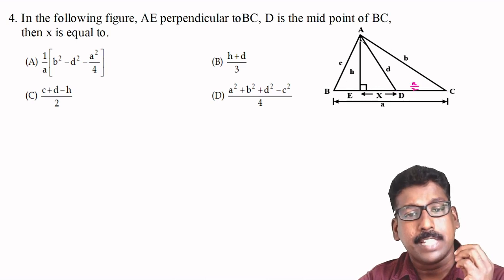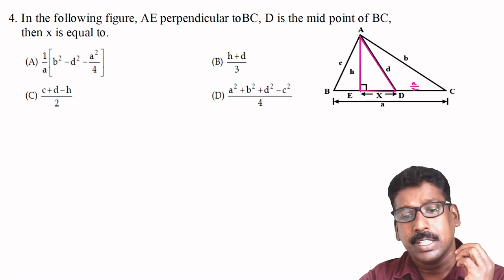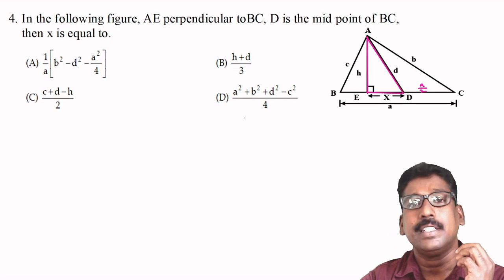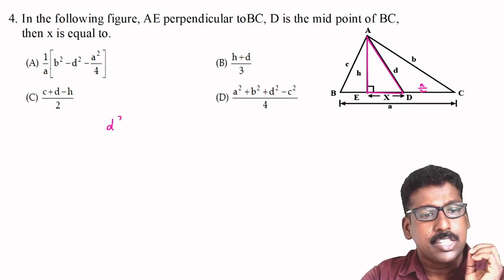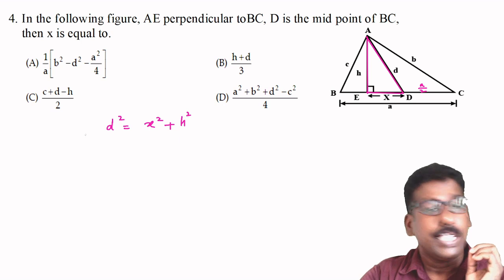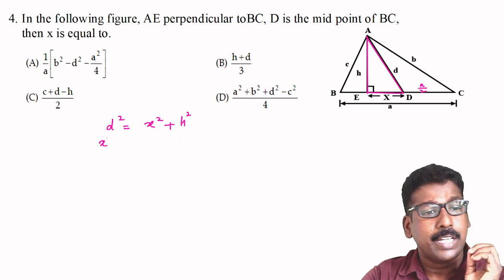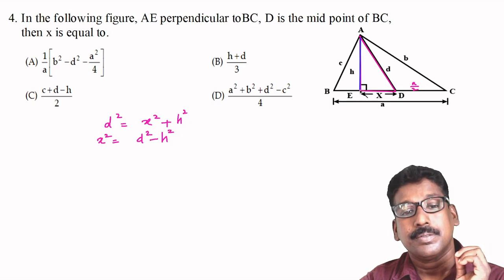Now let me consider the right angle triangle AED. Here, the hypotenuse is AD. So, by the Pythagoras theorem, you can write d square is equal to x square plus h square. If it is so, x square you can write as d square minus h square.